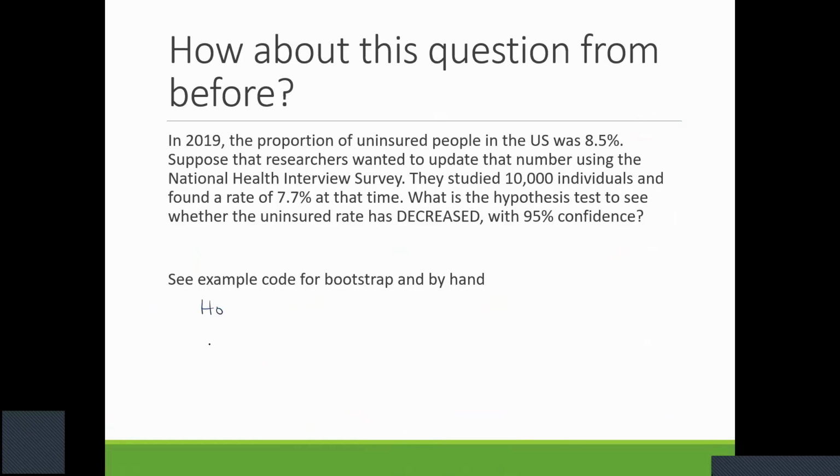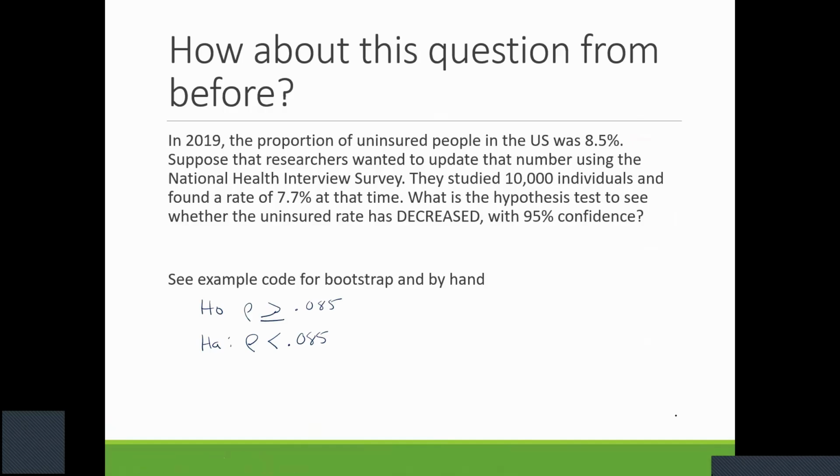So H0 and HA. So what we want to know is whether it has decreased. So is the population proportion less than 0.085? Okay, and then everything comes up here the same except for the sign. So if this is less than, this is greater than or equal to.